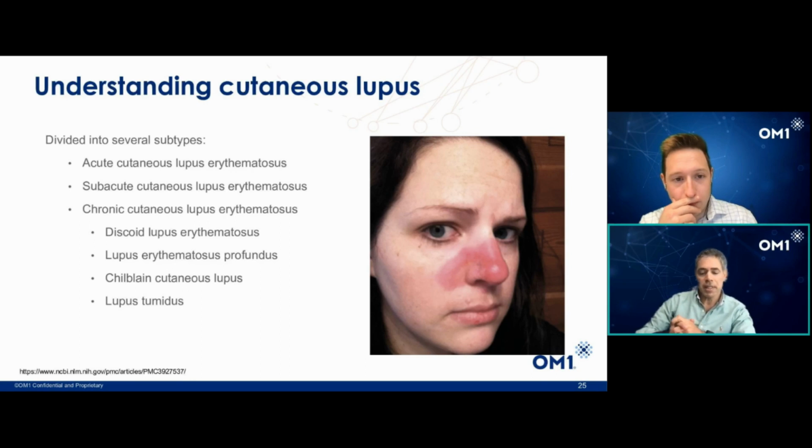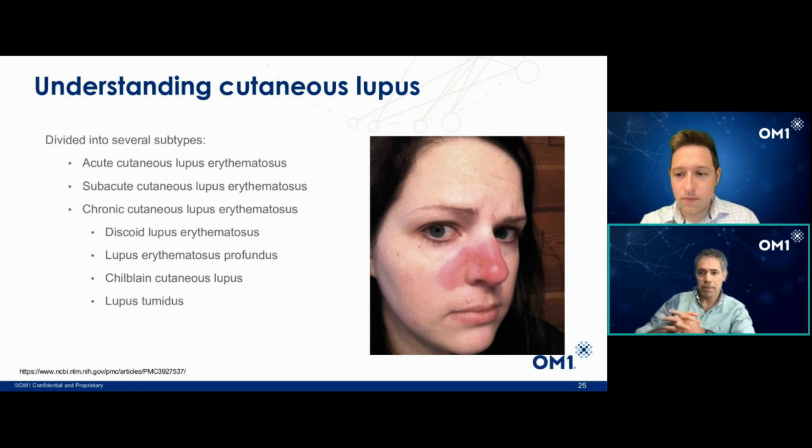Now, cutaneous lupus is really a multifaceted disease, and we think about it in a number of different subtypes. So there is acute cutaneous lupus, there's subacute cutaneous lupus, and as the names would say, one is a very fast onset and severe case, and one is a much slower onset.